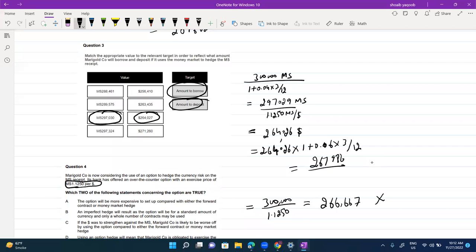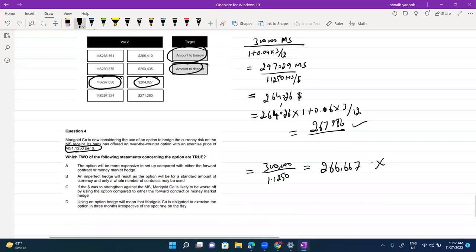So money market hedge and forward are better compared to the option. So which two of the following statements concerning the options are true? Option will be more expensive to set up compared with either the forward. Yes, this is true.